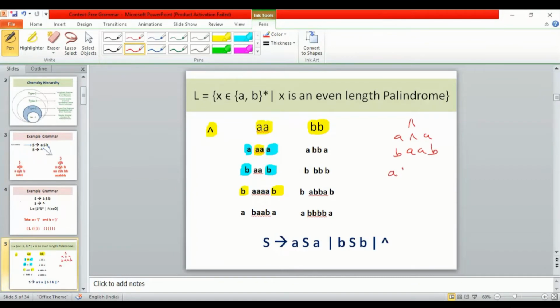Then I append A, and I get one more palindrome. So you can see that we are getting palindromes by appending equal elements on both the sides, and we are applying that recursively any number of times. This is how you will get the whole set of palindromes.